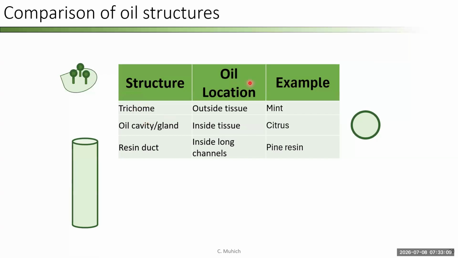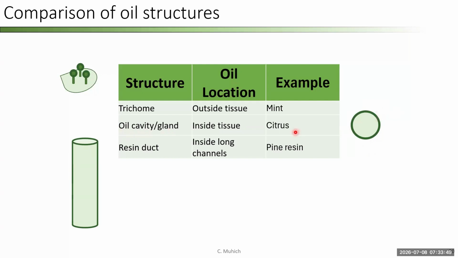Okay, so if we want to think about these different structures, there's sort of three sets that we've talked about. Trichomes, which store oil outside of the tissue. So this is my little drawing of a trichome sitting out, pushing out of a leaf. An example would be the mint family. We also have a lot of sets where we have oil in cavities in the glands, so they tend to be spherical and located within a tissue.